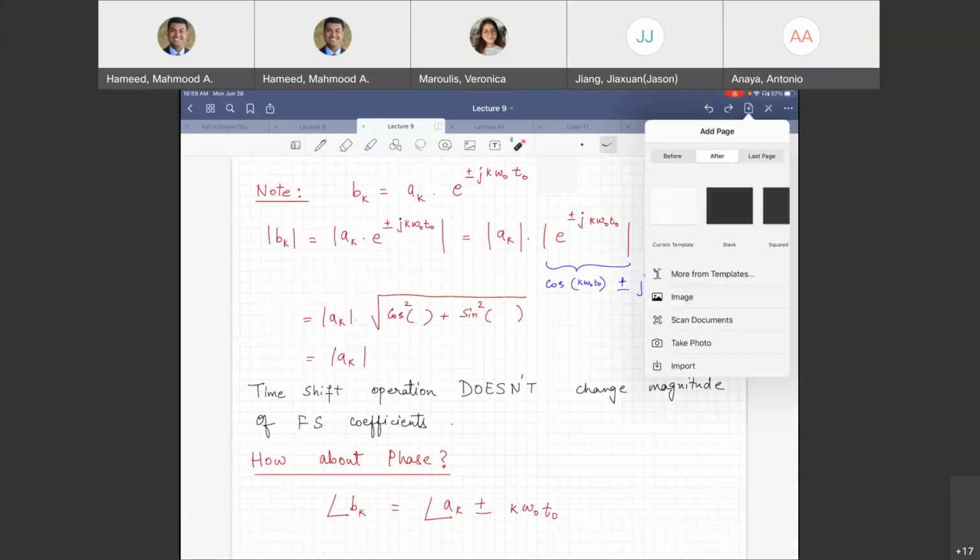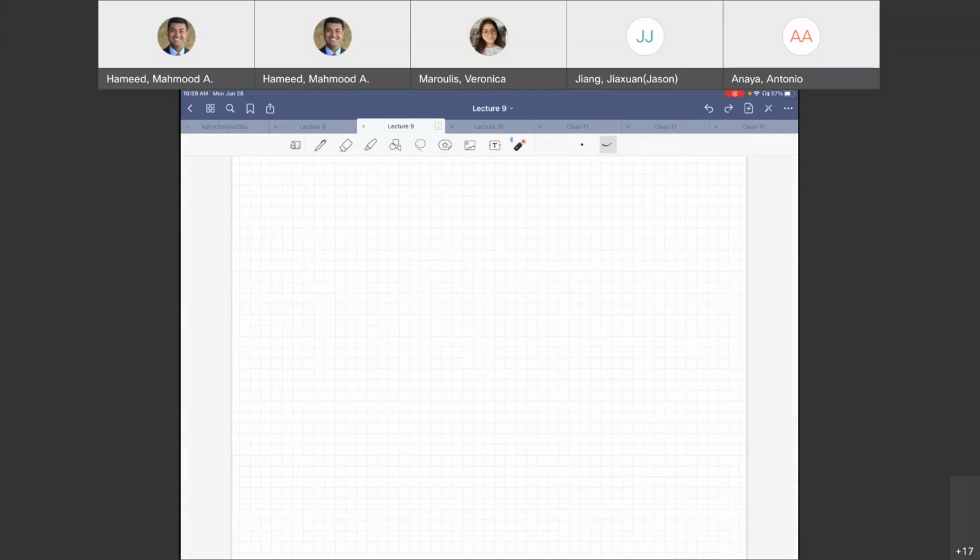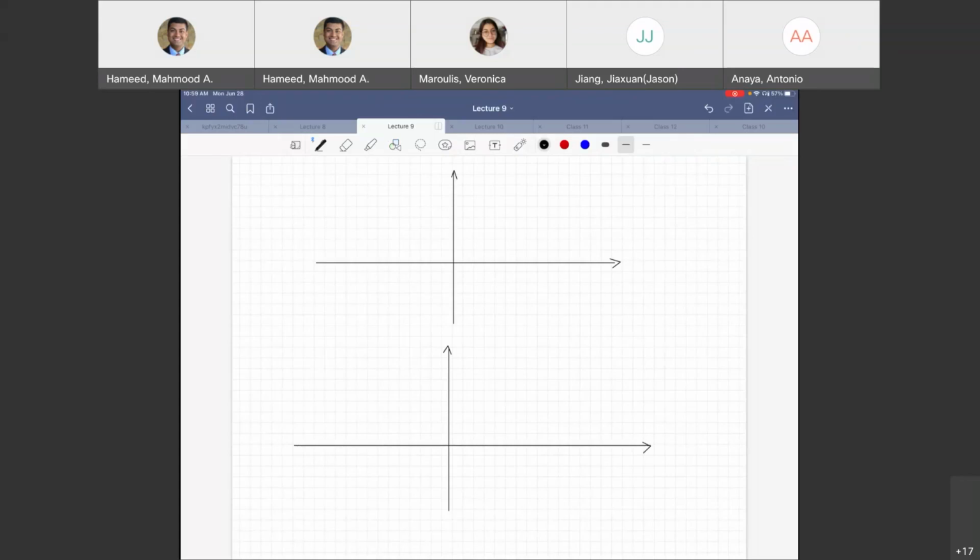All right, here, let me sketch. It's a good idea. If you sketch it, you get more understanding of it. So here you have two sketches. One is the magnitude of Bk, and the other is the phase of Bk with respect to k. You are evaluating it at 1, 2, 3 here, 0 here, -1, -2, negative for both. k is an integer.